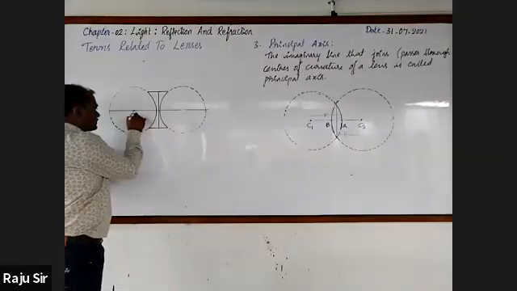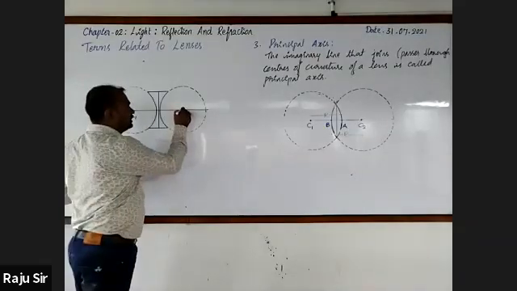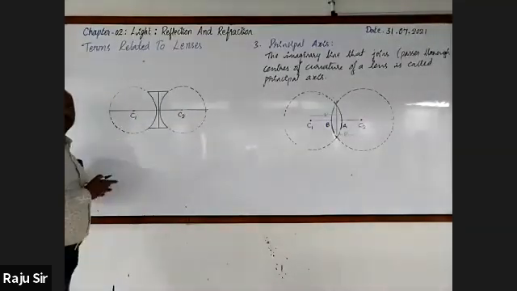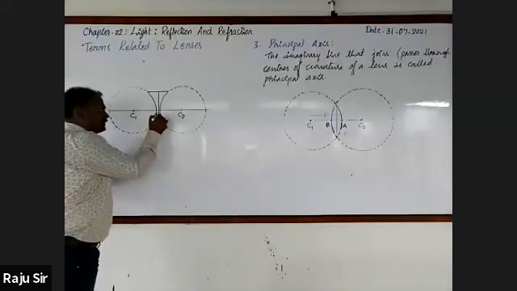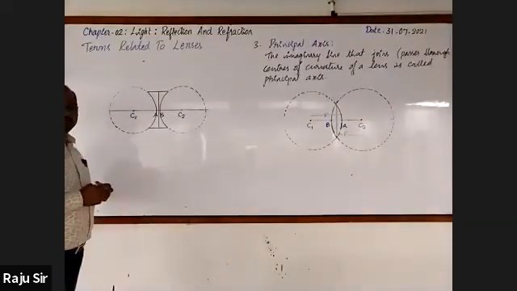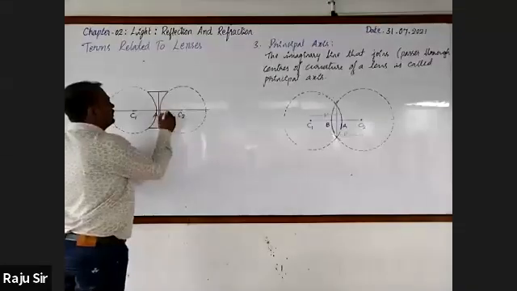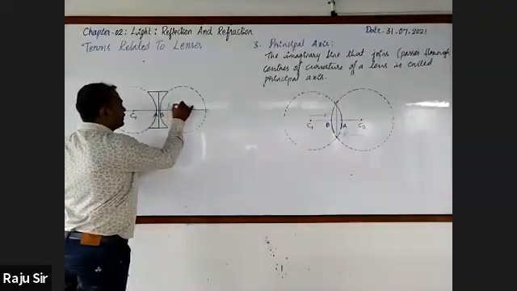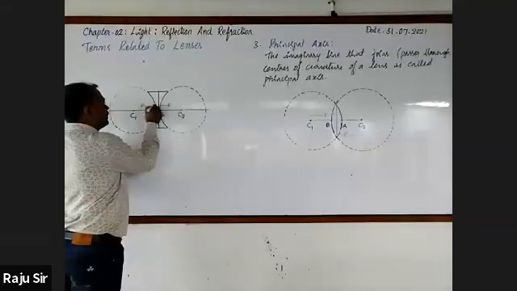C1 is the first center of curvature of the lens, and C2 is the second center. C1A is the radius of curvature. C2B, radius of curvature. Let us denote this by capital R. From here to here, and here also capital R.